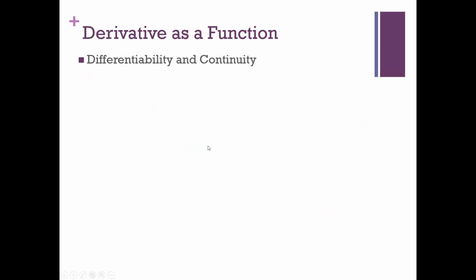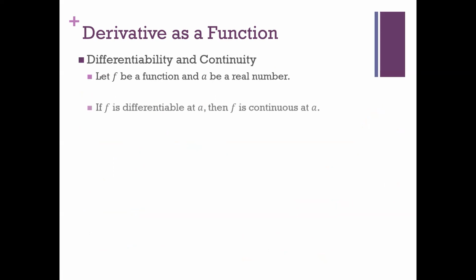So, differentiability and continuity. If I have a function f, and a is a real number, these two things are always true: if f is differentiable at a, then it must be continuous at a. And these two are equivalent, but another way to interpret it is if f is not continuous at a, then f is not differentiable at a.